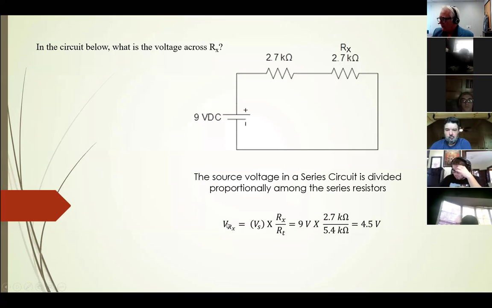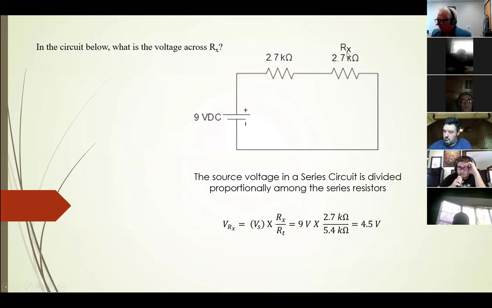To find an unknown voltage, like the voltage across Rx, I can find that by taking this voltage and multiplying it by Rx over total resistance. So if we look at Rx over RT, here is how we find proportionality.